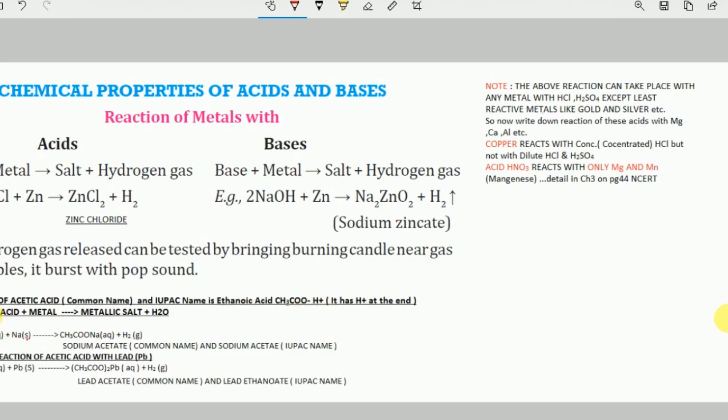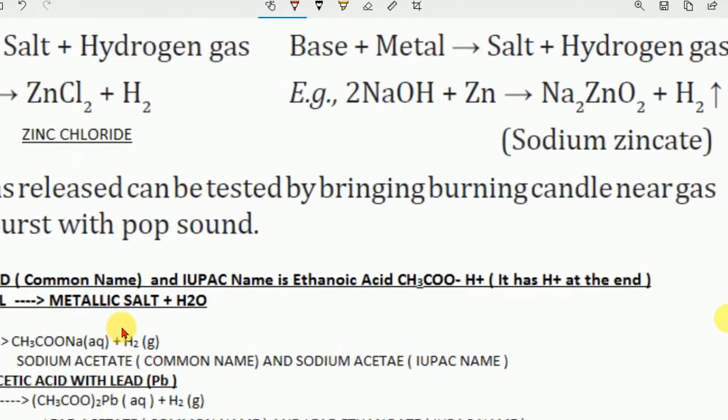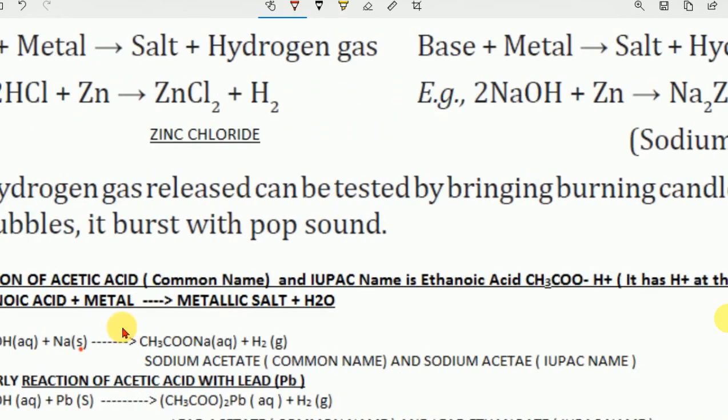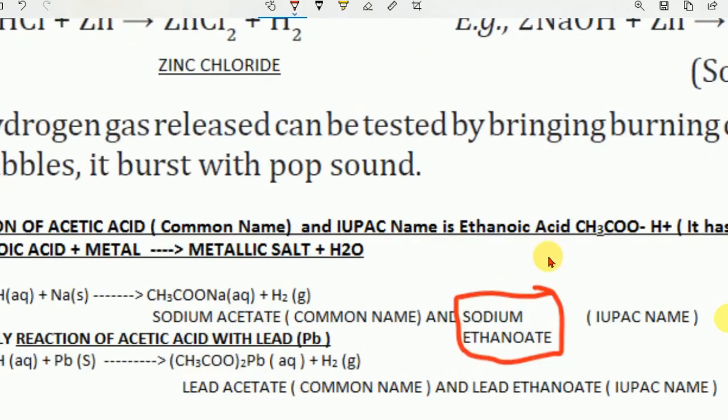So ethanoic acid plus sodium will give sodium acetate, which is the common name, and sodium ethanoate is the IUPAC name. So sodium plus ethanoic acid reacts and forms sodium acetate. This is a salt.